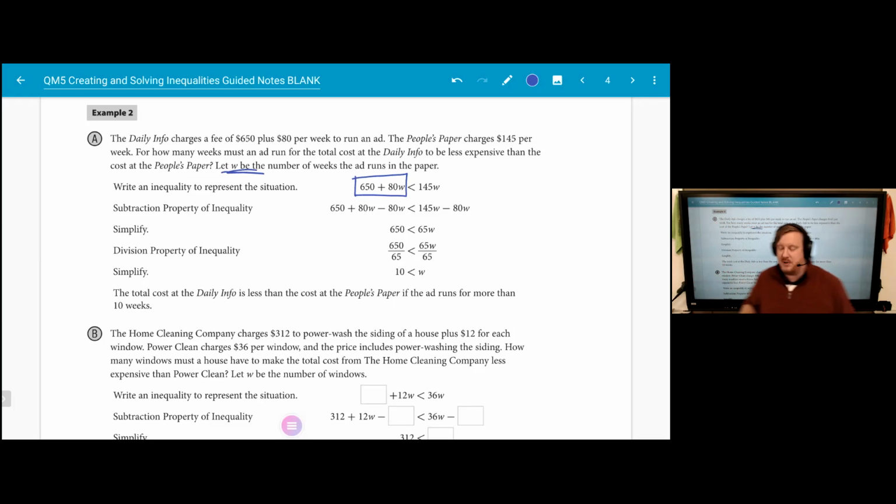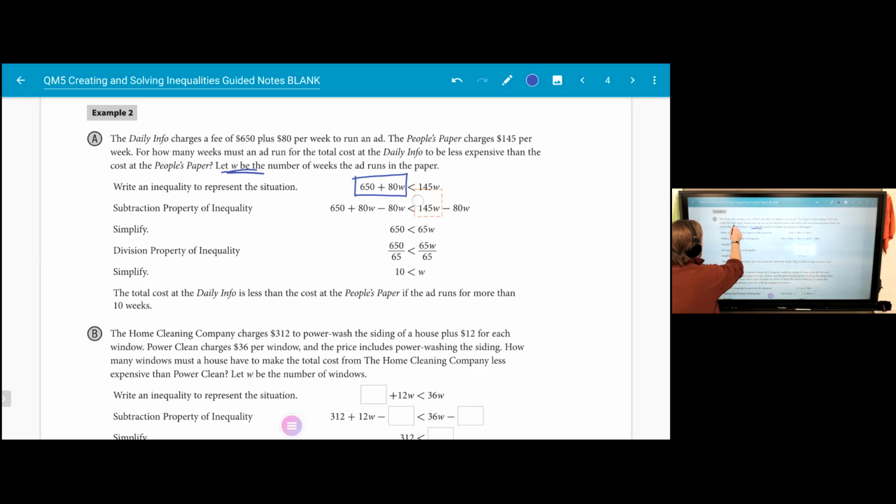The People's Paper is just $145 per week. That's where that comes in. Now the question though is, how many weeks must an ad run for the total cost at the Daily Info to be less expensive than the People's Paper?